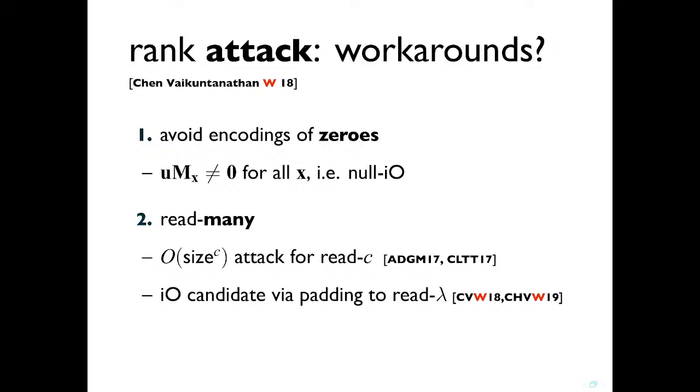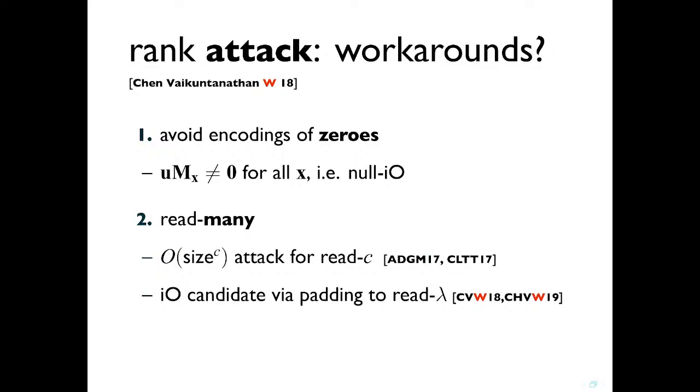There, you can use the same attack to show that you cannot compute a pseudo-random function using a read-C branching program for any constant C. But when C is something like lambda, we actually have heuristic matrix PRFs that are not broken. So this gives some explanation for why this read-lambda padding workaround may be buying you something. Okay, so that's the state of the art for I/O.